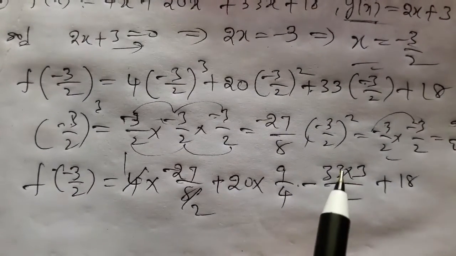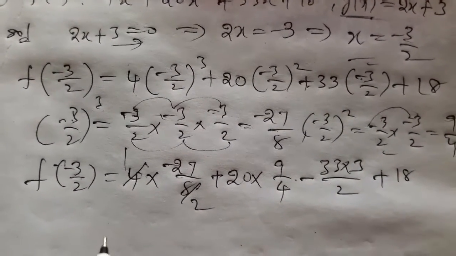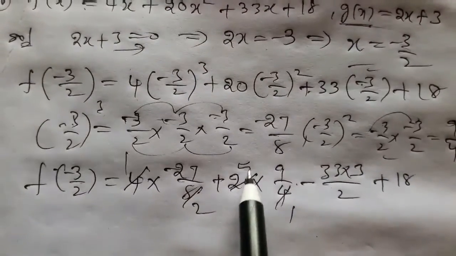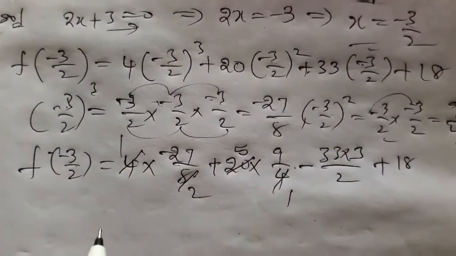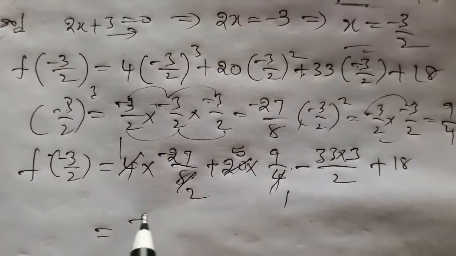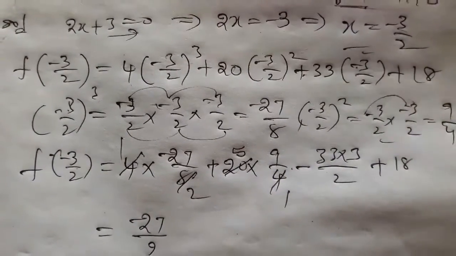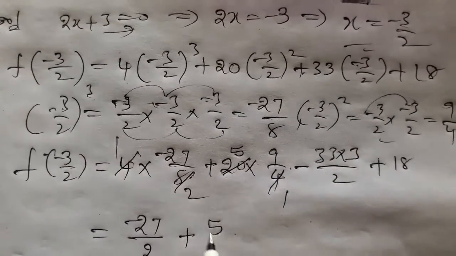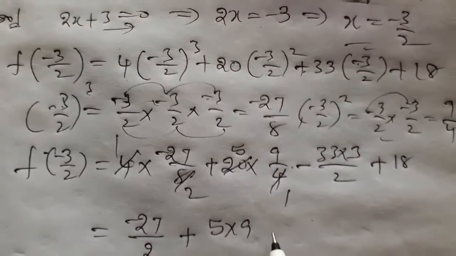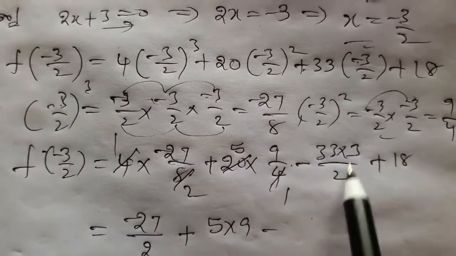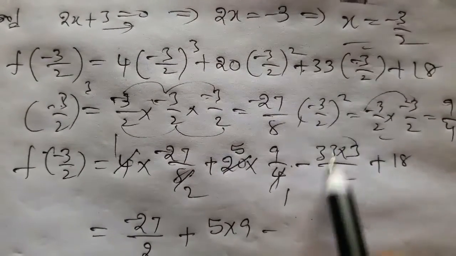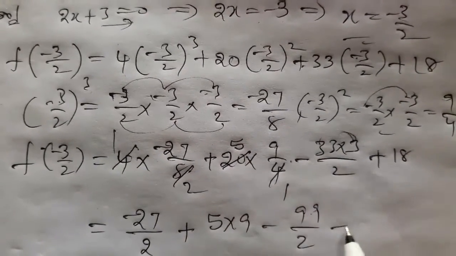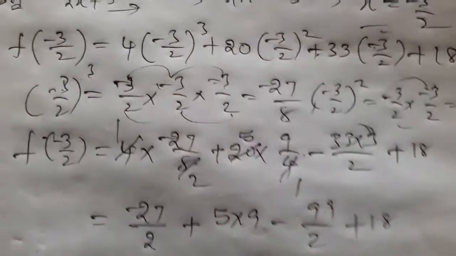Next, 4 twos are 8. Next, 4 ones are 4. 4 fives are 20. So now this becomes minus 27 by 2. Next, plus 5 into 9, minus 33 into 3 means 3 3s are 9, 3 3s are 9, 99 by 2 plus 18, isn't it?